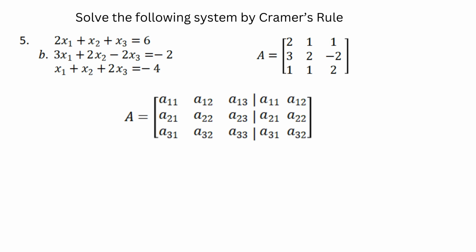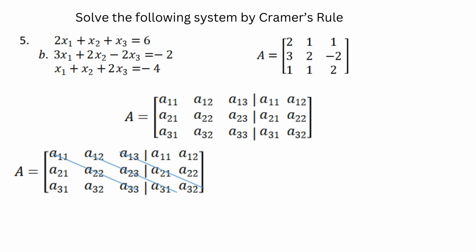So we are going to subtract the sum of the backward diagonals from the sum of the forward diagonals. For our forward diagonals, the primary diagonal, we have a sub 11 times a sub 22 times a sub 33, plus the next diagonal, a sub 12 times a sub 23 times a sub 31, plus the last diagonal, a sub 13 times a sub 21 times a sub 32.